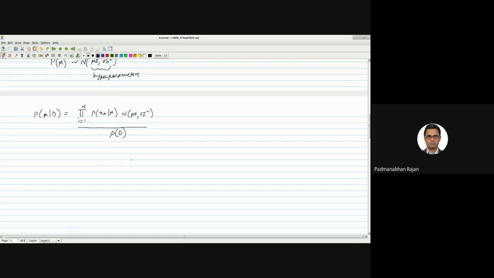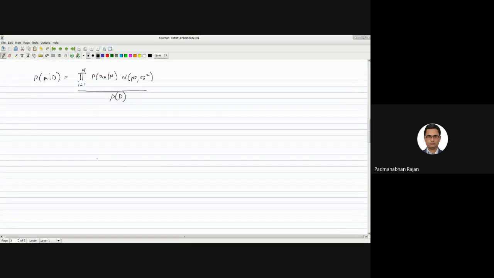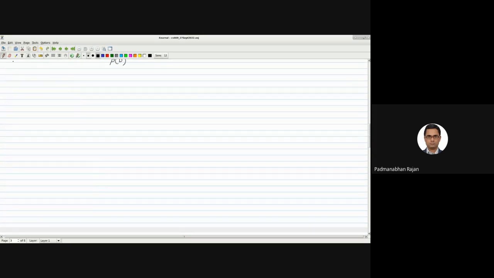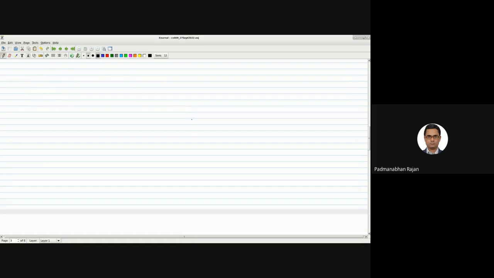So let us now try to derive an expression for the MAP estimate, along the same lines of how we did it for the ML case. Again we will compute the log likelihood of a particular mu, log of the product over n equals 1 to n of P of xn given mu into P of mu.